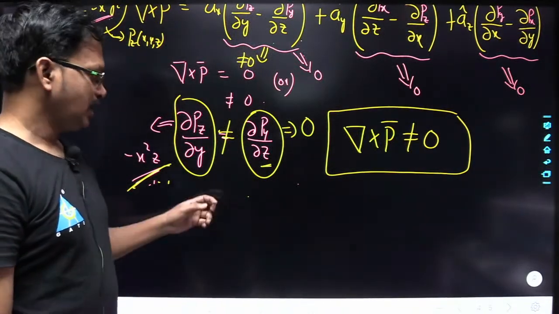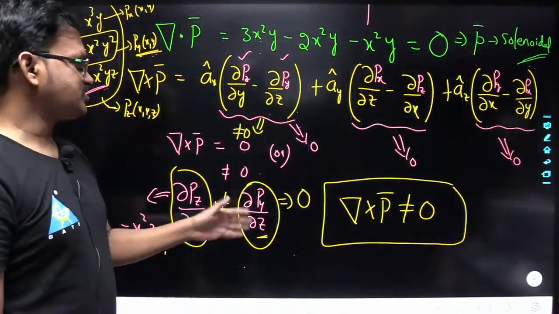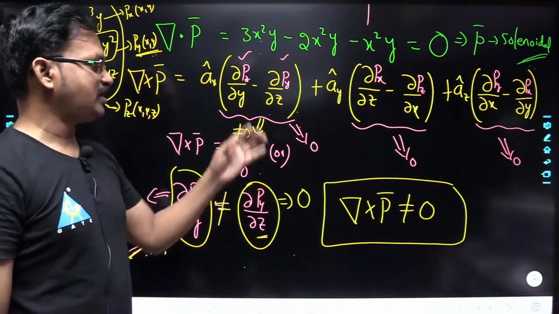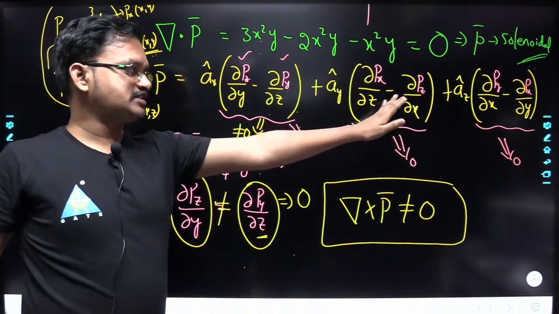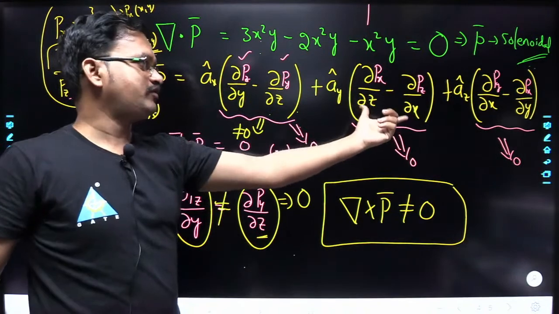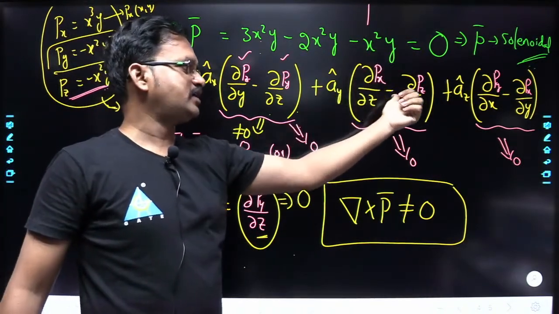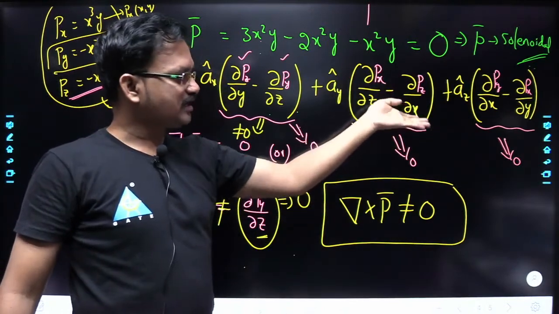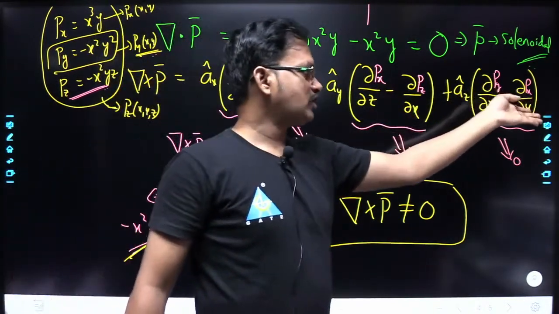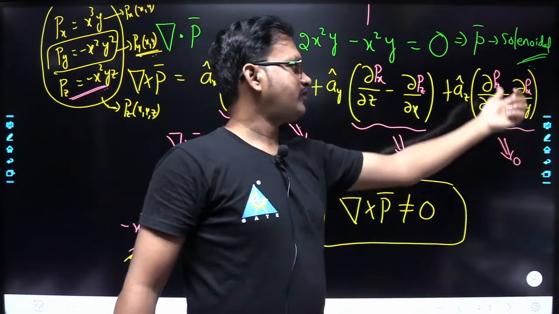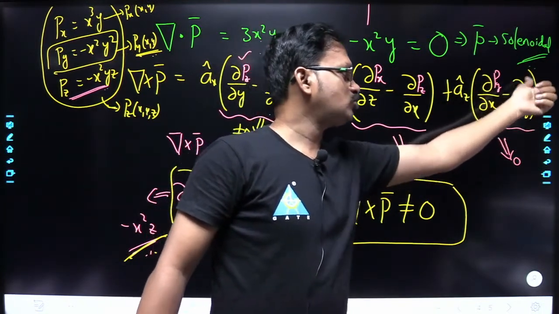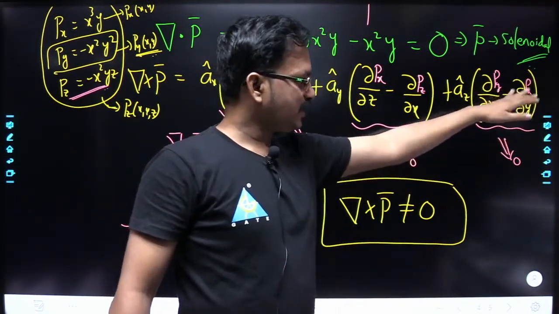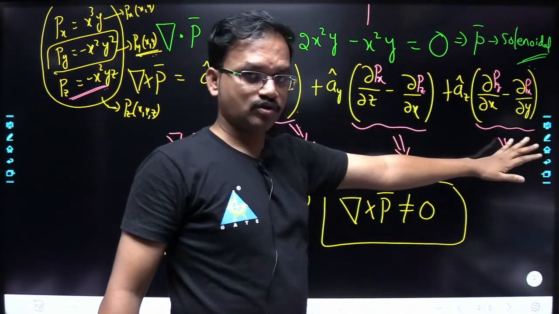Yes or no here? If suppose this condition is satisfied, then we check the next condition. Here we will check whether ∂Px/∂z is equal to ∂Pz/∂x or not. If this condition is also satisfied, then we will go for the last one and check whether ∂Py/∂x is equal to ∂Px/∂y.